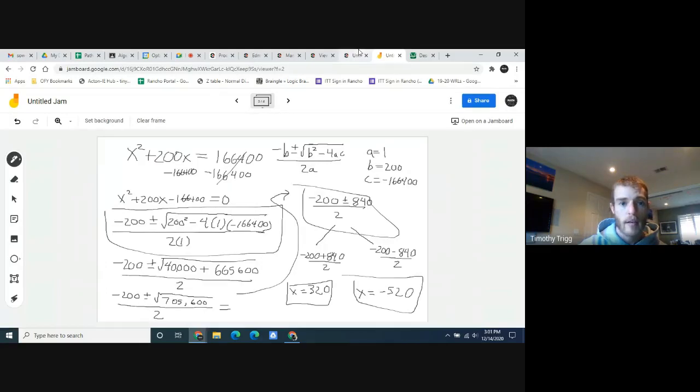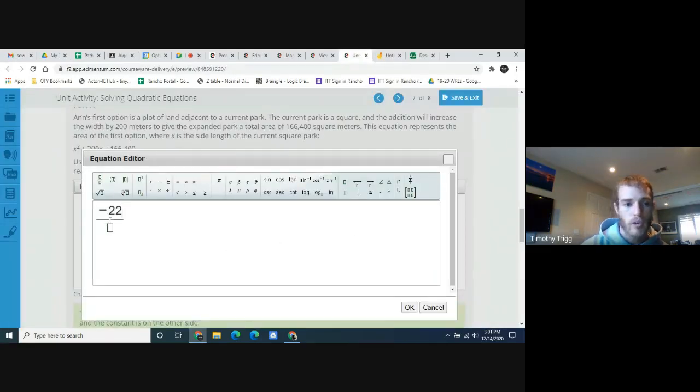Like if I'm showing this, it'd be negative 200, plus or minus, square root, and then 200 squared, and minus 4 times 1 times negative, what was it, 166400.